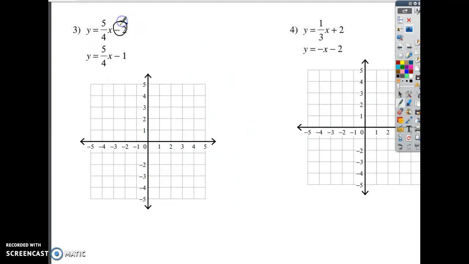So the first one was negative 2. We started at negative 2, and we went up 5 over 4. 1, 2, 3, 4, 5 over 1, 2, 3, 4. That's 4, 3. That's the point that we just saw. Connect the dots.